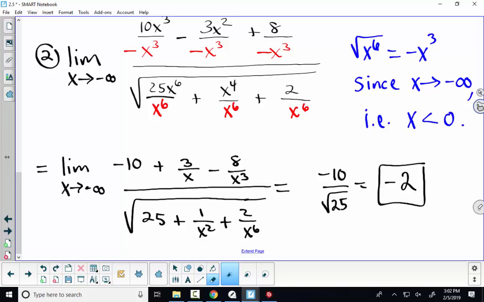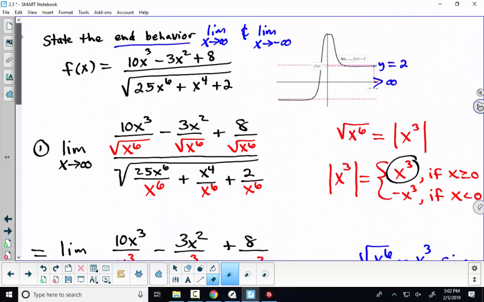Okay. So that gives us the other horizontal asymptote out here as we approach negative infinity. Y approaches negative 2 out here at negative infinity.